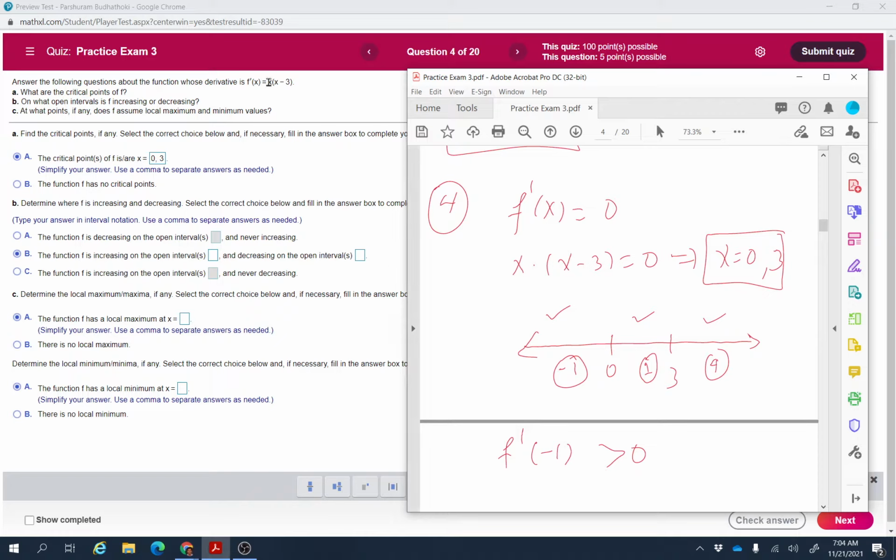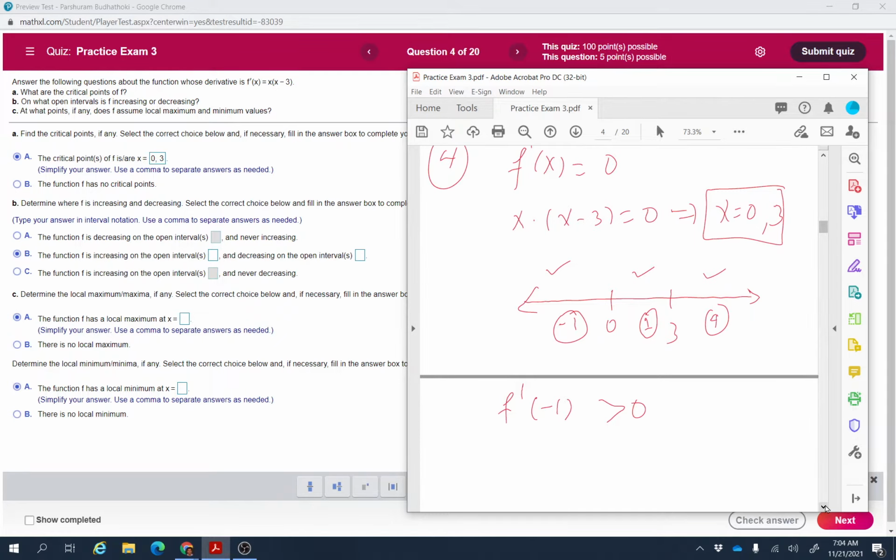Look here. If you put x equal to -1 here, -1 times -4 is positive. Doing exactly the same thing, if you put +1 into this derivative, it is negative, because 1 times (1 minus 3), which is -2, is negative. And on the right side, which is, let's say, 4, it will be positive again.